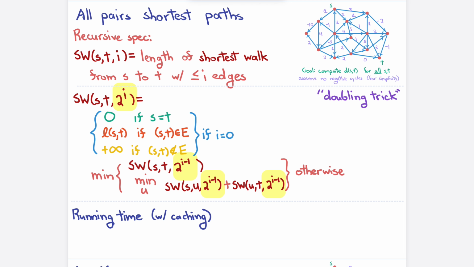Okay. How long does this algorithm take? Assuming we cache our answers. Okay, if we apply dynamic programming. N log N? Oh, M N log N? Okay, why?